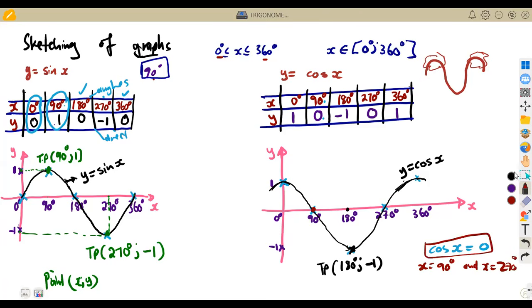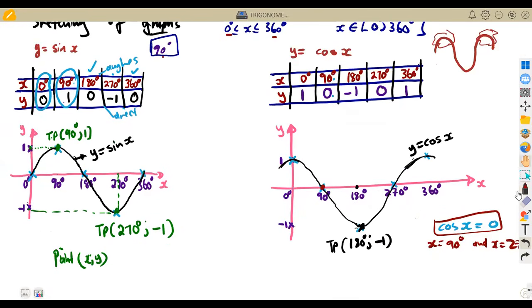So it is the same idea here, even for the graph of sine. If we had to consider this for the graph of sine, in this case, if sine x is equal to 0, what does it mean if sine x is equal to 0? What are the values of x there which make this graph equal to 0? That's at this point, at this point, at this point, where the graph meets with the horizontal axis.